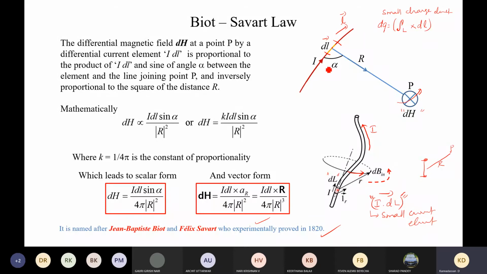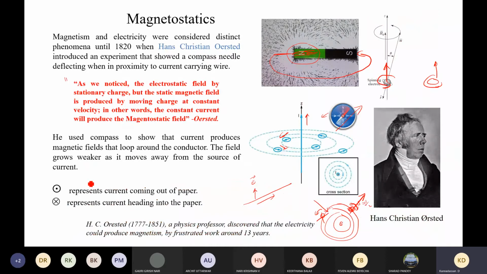But whenever the current is going in the opposite direction, then you mark it like a circle. That is what is described here. Whenever this mark is available, it represents that the current, or the magnetic field vector, is coming out.